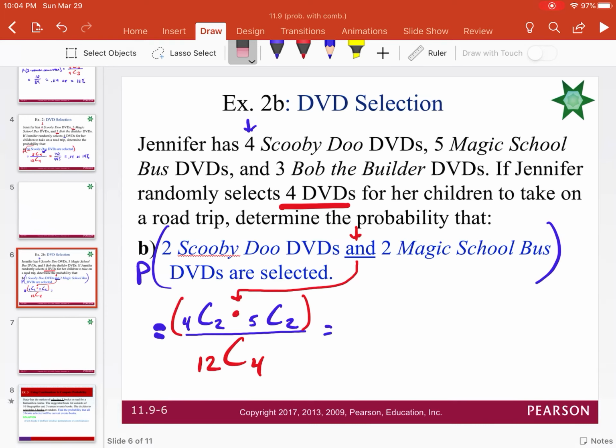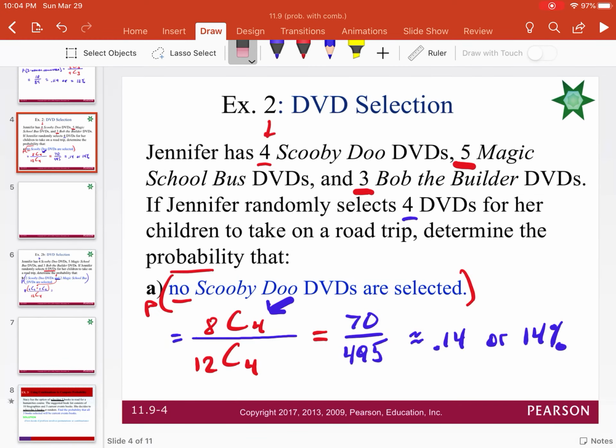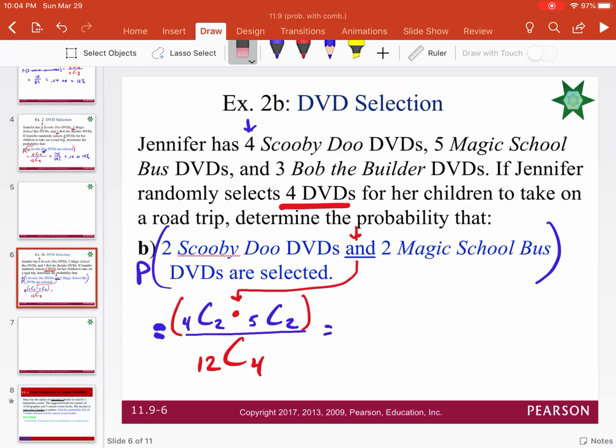So the bottom is going to be the same number as before, right? So the bottom is going to be 495. That's easy. And the top is going to be 4C2, which is 6, times 5C2, which is 10.